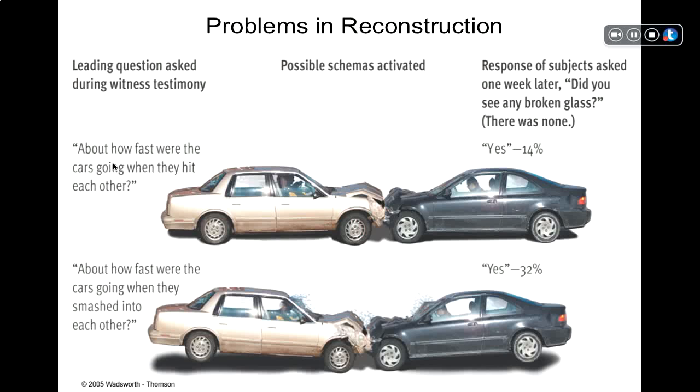One group was asked how fast the cars were going when they hit each other. The other group was asked how fast the cars were going when they smashed into each other. So the independent variable was the word, right? The levels were hit or smashed. The idea was, would there be any difference in the participants' reports of the accident based on just changing a single word?